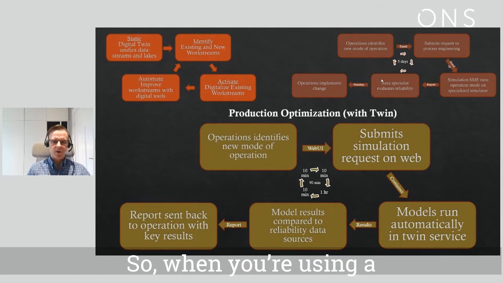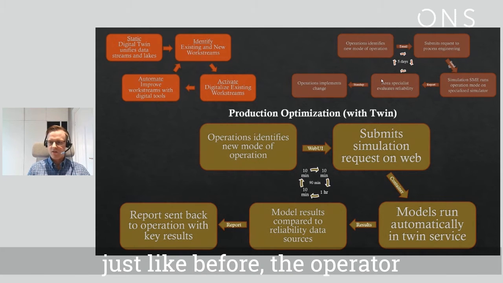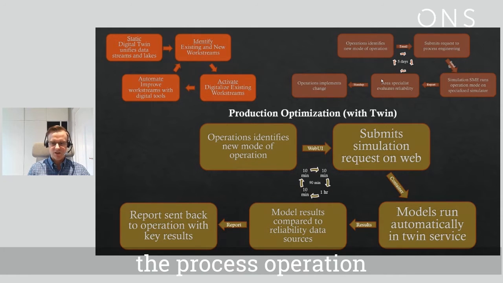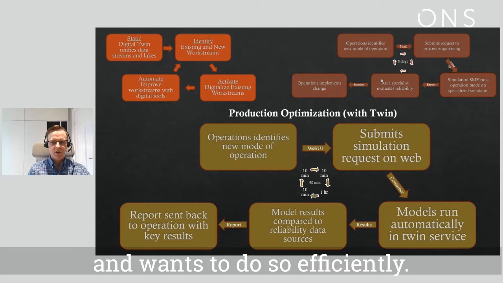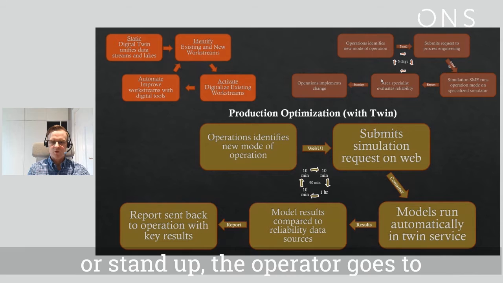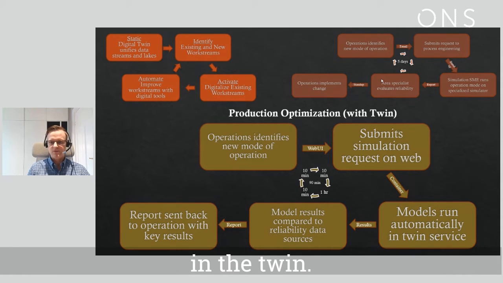So when you're using a production optimization application, just like before, the operator identifies a need to change the process operation and wants to do so efficiently. This time, instead of waiting on an email or stand-up, the operator goes to a web-based application integrated with process simulation in the twin.